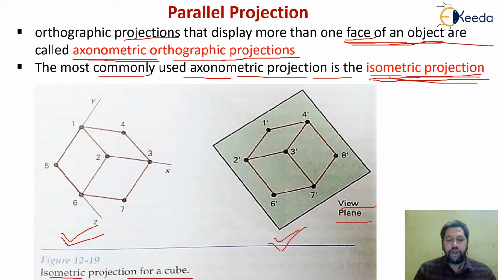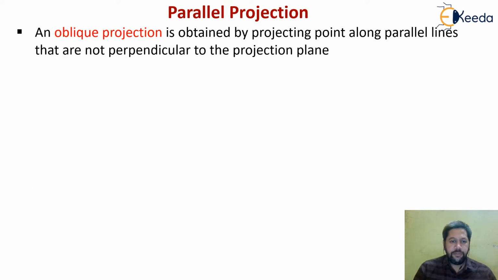Okay, so let us continue our discussion to understand the next type, that is the oblique projection. We have learned there are two types of parallel projection: orthographic projection and oblique projection. Now an oblique projection is obtained by projecting points along parallel lines that are not perpendicular to the projection plane.